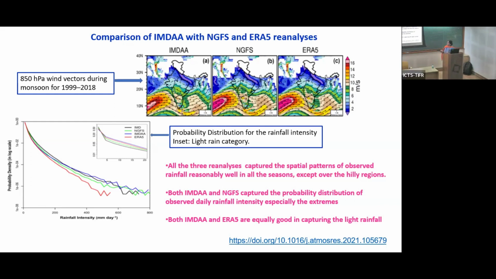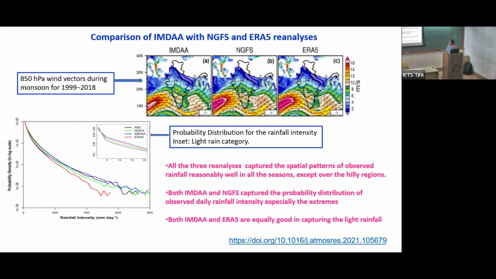Both IMDAA and NGFS captured the probability distribution of observed rainfall intensity, especially the extremes. We think this is because we use the available observations over the Indian region in both reanalyses. The additional local observations helped to predict the extreme rainfall better than ERA5.